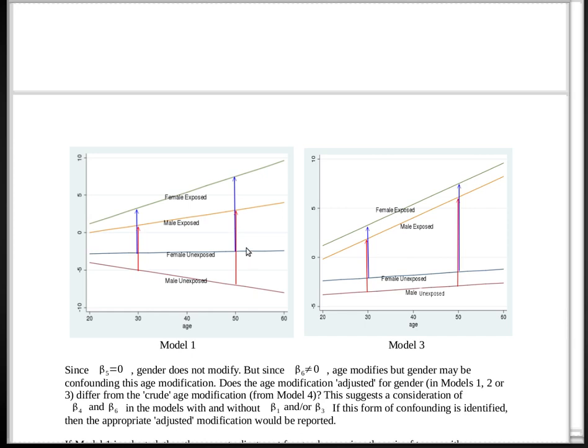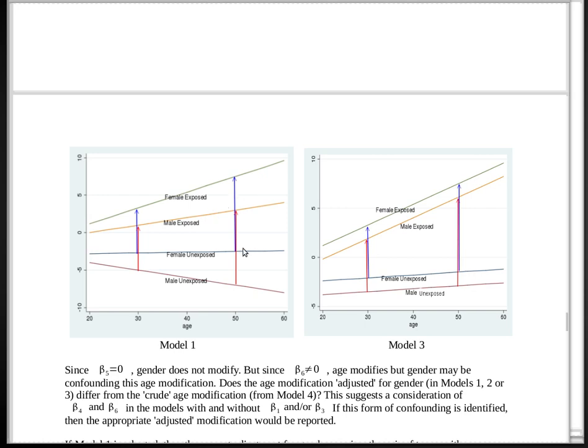Another way to see this is that the pattern of association, in this case the age modification, is merely an adjusted pattern when we try to see how the female pattern looks when compared with the male pattern.